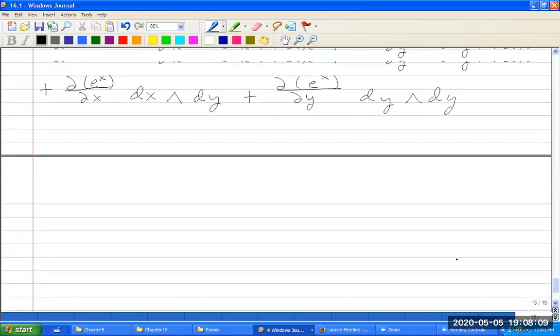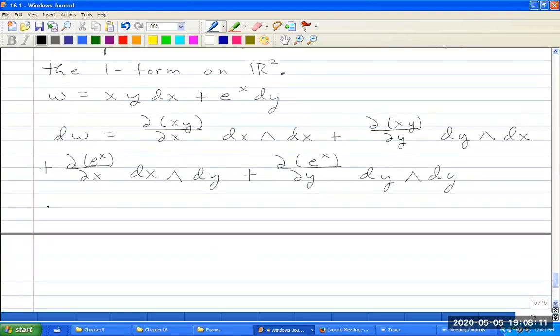So d omega is equal to, let's take the partial of this first with respect to x. That'll give me a y dx wedge dx. Take the partial of this with respect to y. That'll give me an x dy wedge dx.